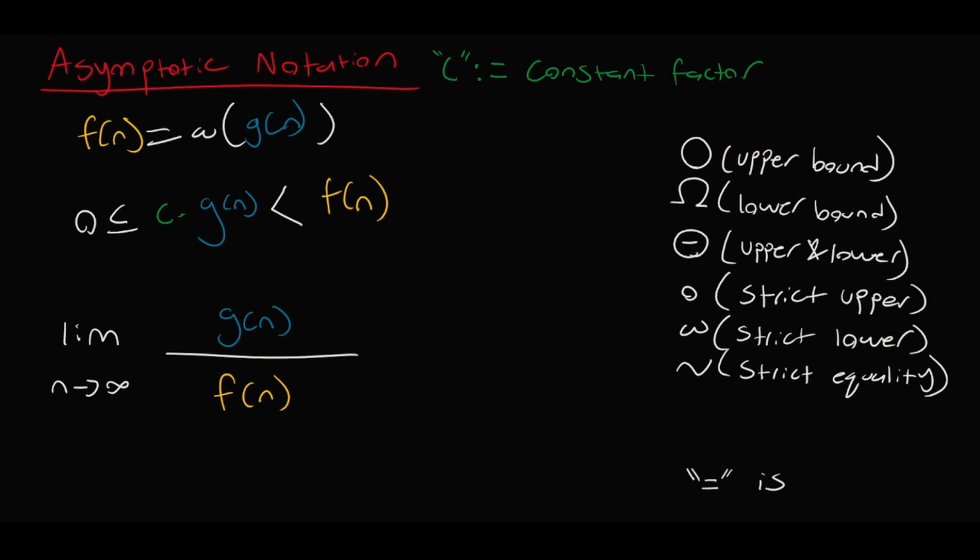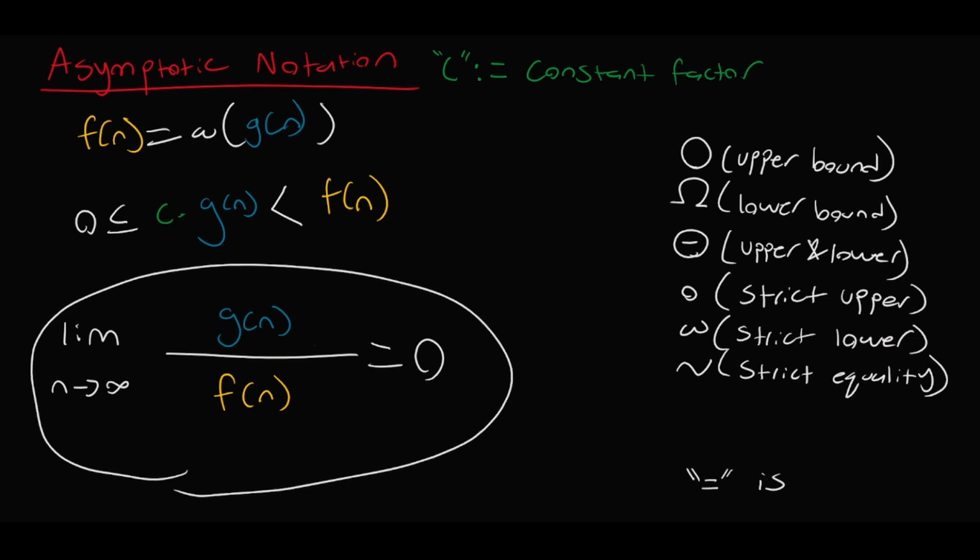Since g of n is on top now and is smaller than f of n, so f of n is dominating, we're going to see the same behavior, that it is just going to equal 0. We swapped the numerator and denominator. Again, we're just evaluating ratios here.